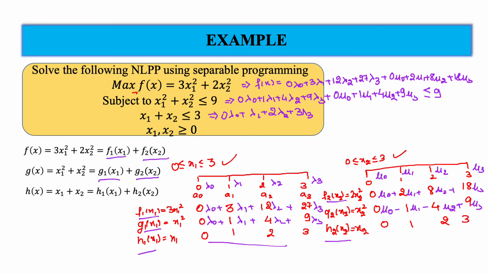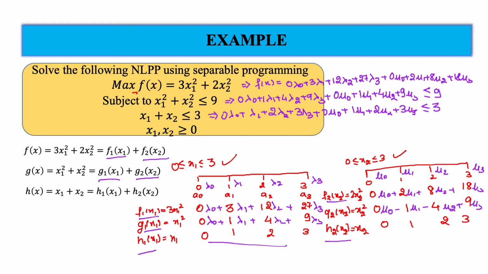For h2 x2 it will be 0 mu naught plus 1 mu 1 plus 2 mu 2 plus 3 mu 3, and this is less than or equal to 3, which is the linear combination of h1 x1 plus h2 x2.